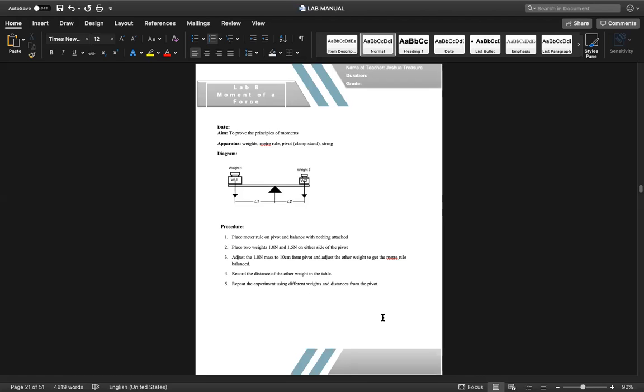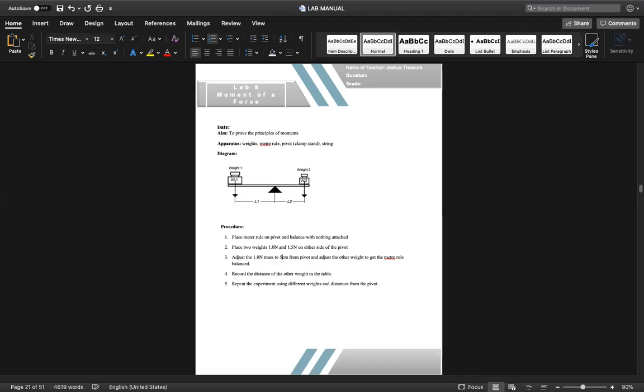And what else? And for 3, instead of 10 centimeters, 5 centimeters. All right, good. And what else?